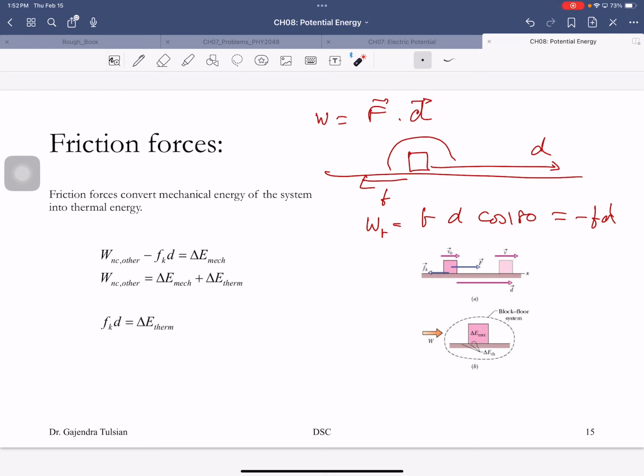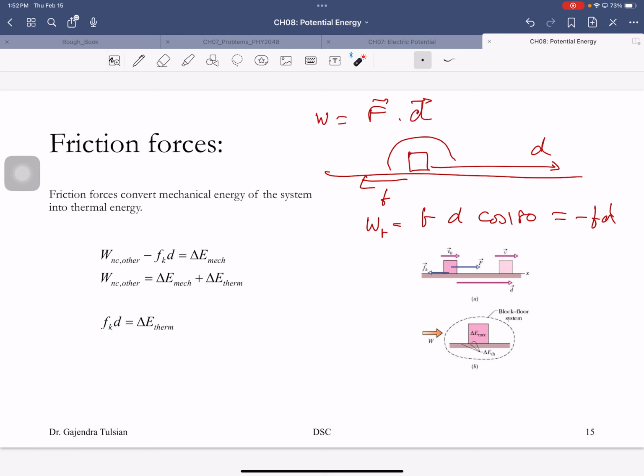What happened to all the mechanical energy of your car? It got converted to heat in the brake pads. When you're decreasing that much mechanical energy, you're increasing that much thermal energy. So the friction force generates that much thermal energy.